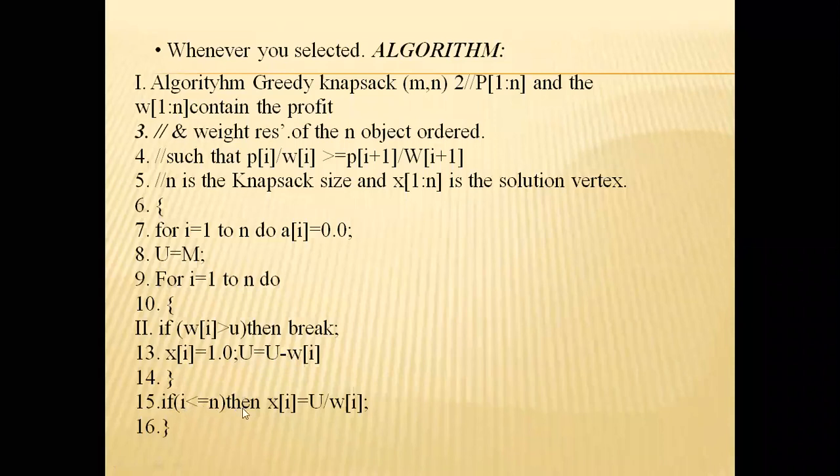Next, if i is less than or equal to n, then X of i equals U by W of i. This is the algorithm for the knapsack problem using the greedy method.